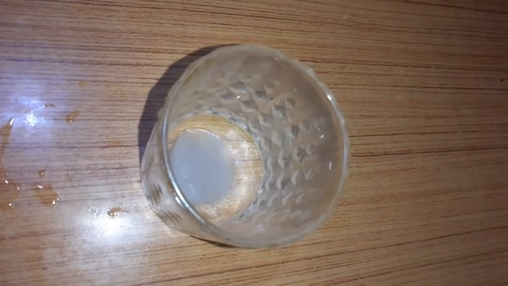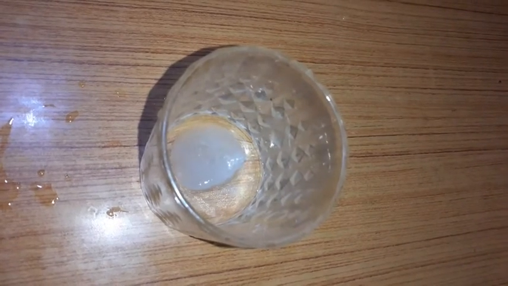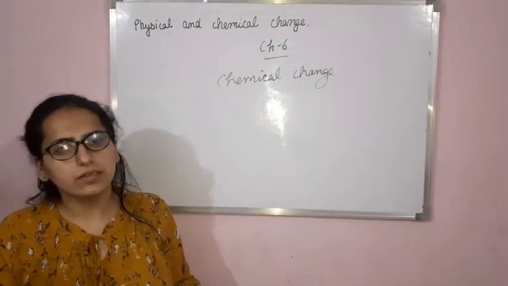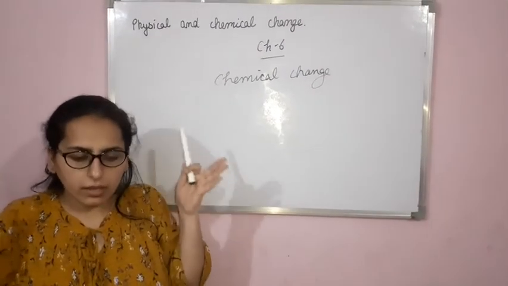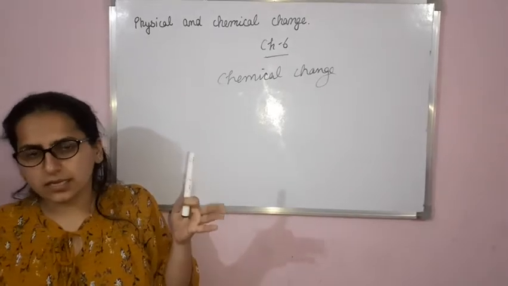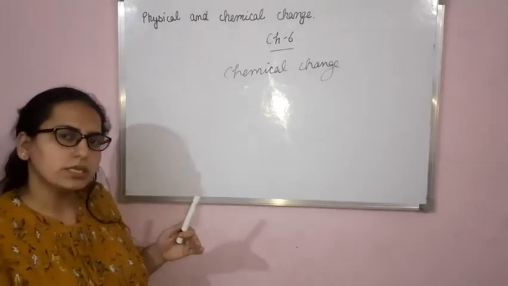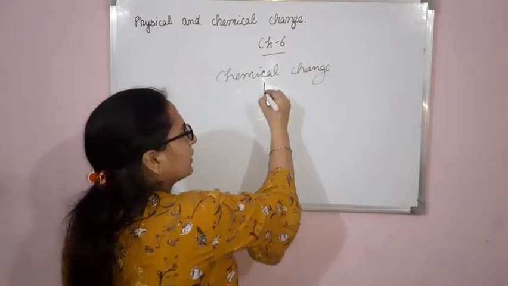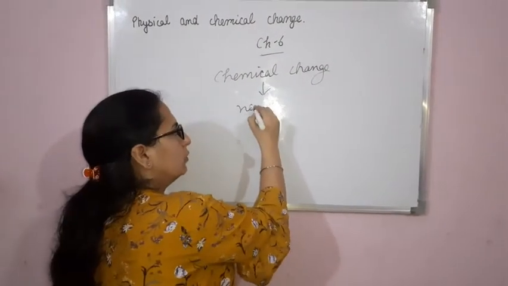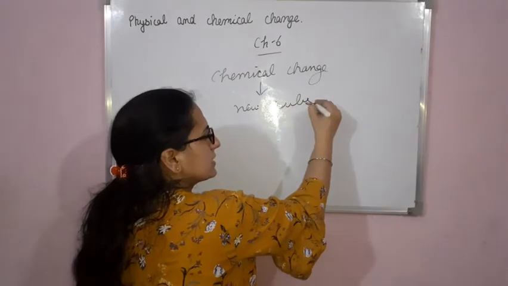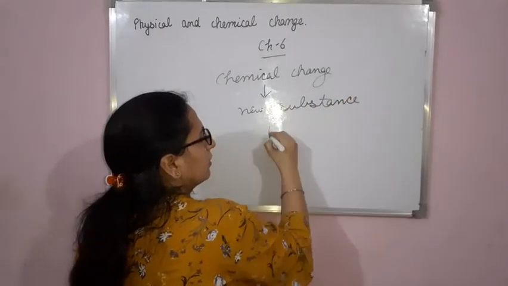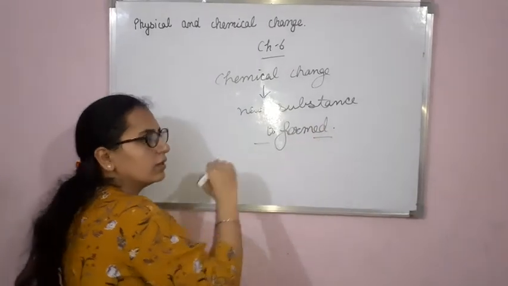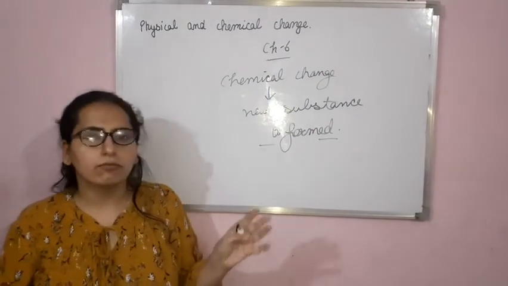Clear? Now let us start chemical change. A chemical change is a change in which a new substance is formed. In a chemical change, a new substance is formed.